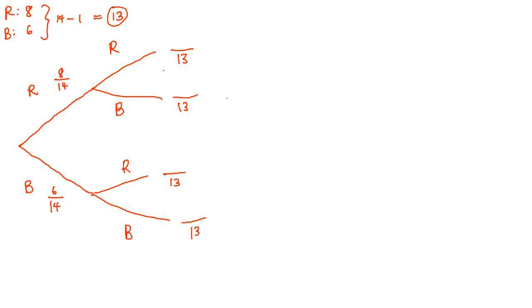So this is why from each of the options that you initially had, you now are drawing 2 further branches from that to indicate that what happened the first time does not affect what happens the second time, and you can still choose either red or blue the second time despite what you had chosen the first time. So this is why you have red and blue, and again red and blue at the bottom for the second part of the tree. And your denominator is now 13 because you had chosen 1, you did not replace the marble, that left you with 1 less.